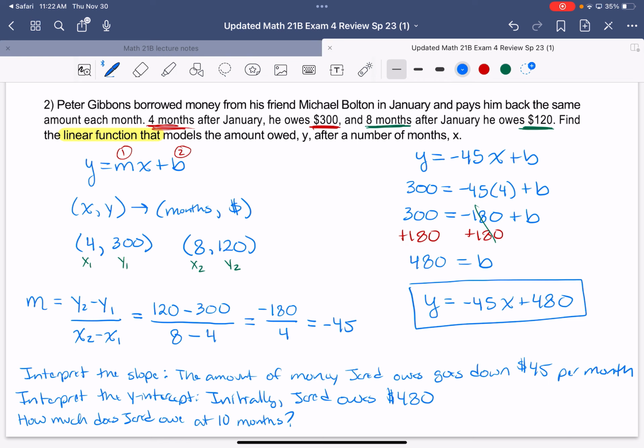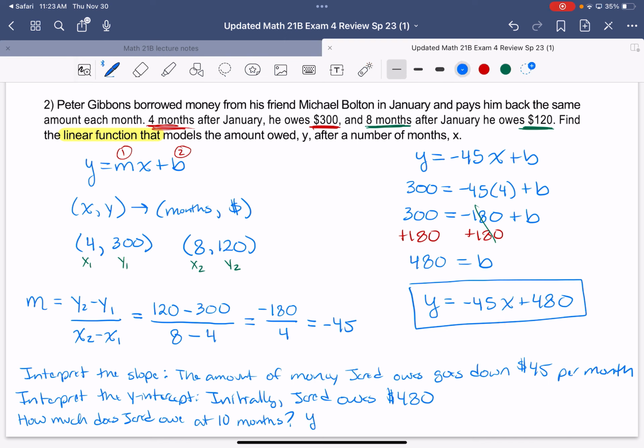You could plug it in where X is at. Yeah, use our equation, right? Remember, the whole point of finding this equation is that you could then answer any additional questions about it, moving forward, right? So I want to know how much will he owe after 10 months. We know that X represents months, so plug in the 10 for X.